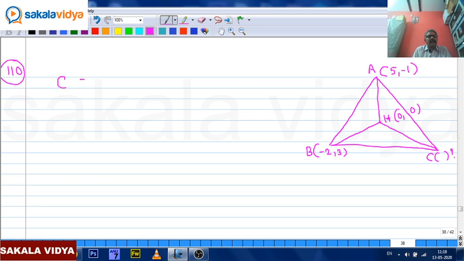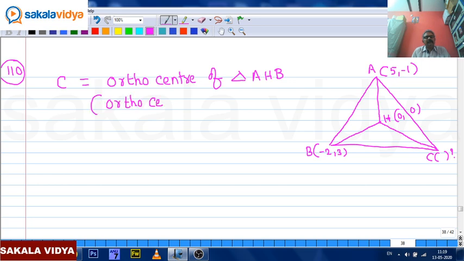Here C equals the orthocenter of triangle AHB. That means now we need to find the orthocenter of 0 comma 0, 5 comma minus 1, and minus 2 comma 3.